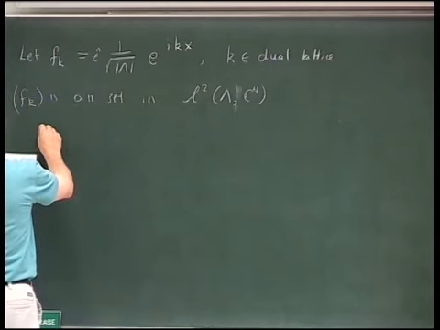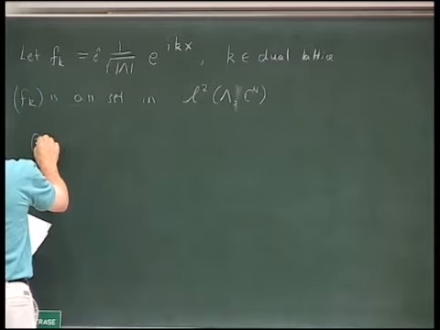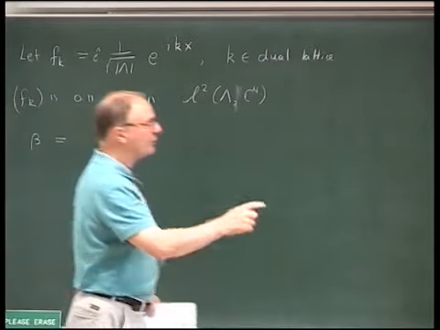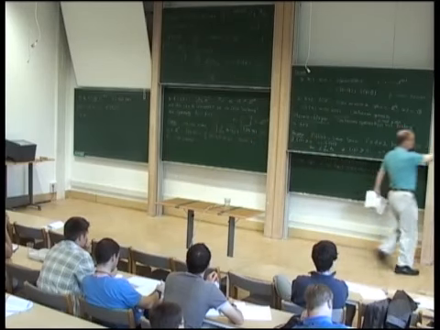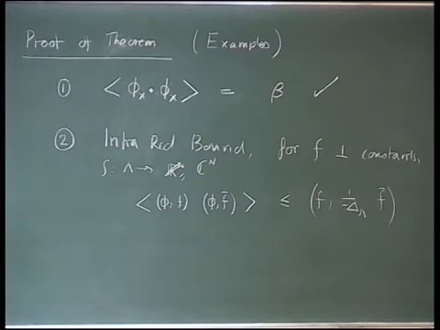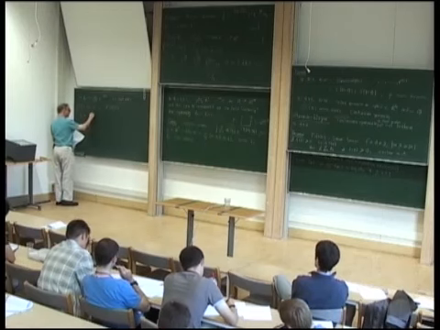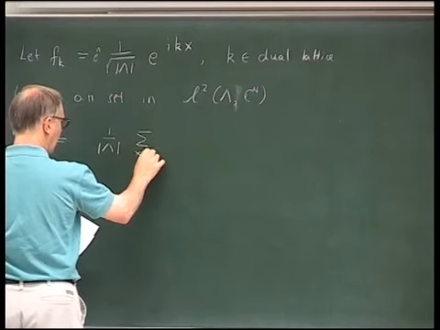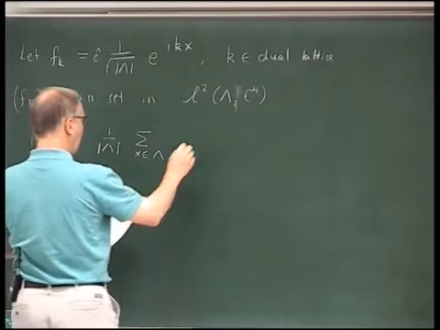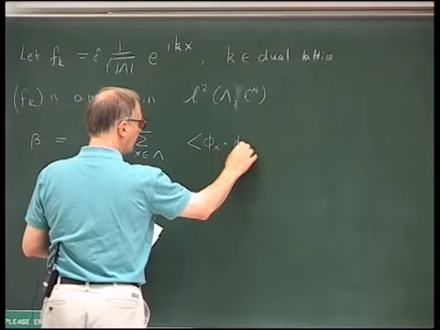So take that, and then we'll start by computing. We'll start with the first step here. Beta is equal to this thing. But we'll write that in a slightly different way. We'll write it as 1 over lambda, sum over x in lambda, of phi x dot phi x.